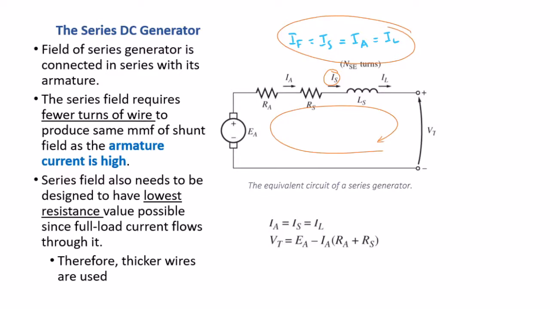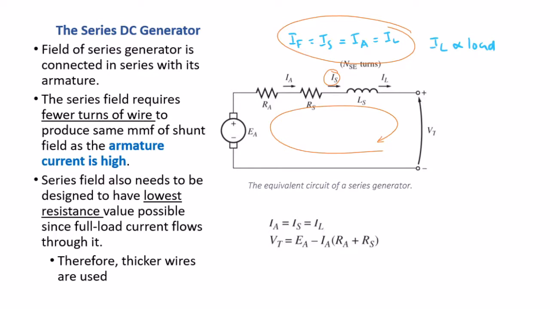So different from the previous case, the shunt DC generator, here the field current actually changes significantly as the load changes, because we know that IL is always proportional to the load.